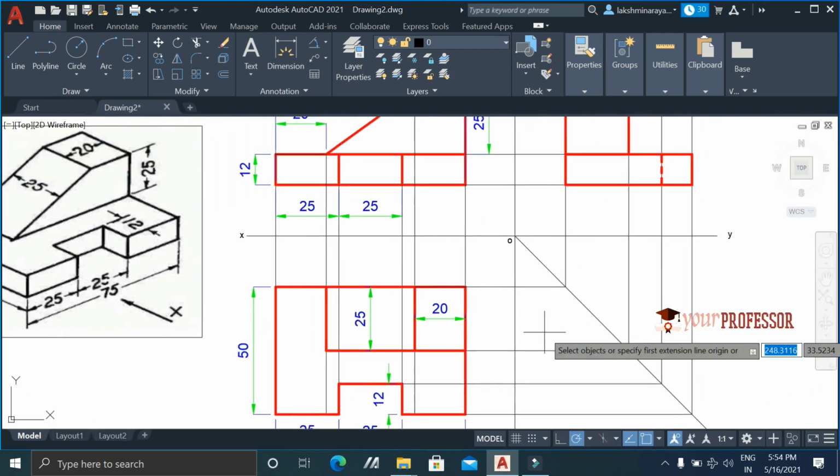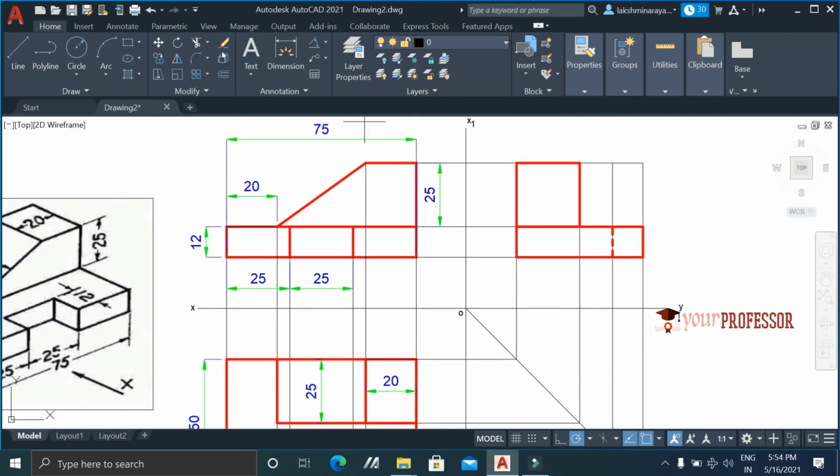Let us see the side view also. First let us represent the angle here. This is 45 degrees. This is 50 mm.